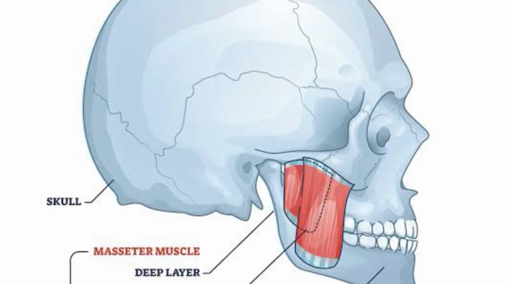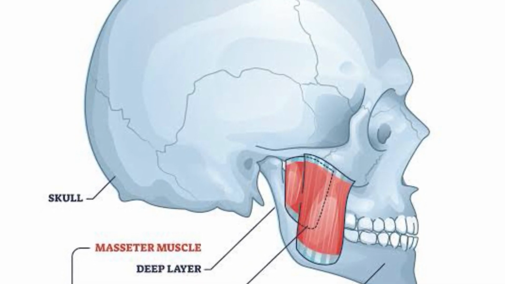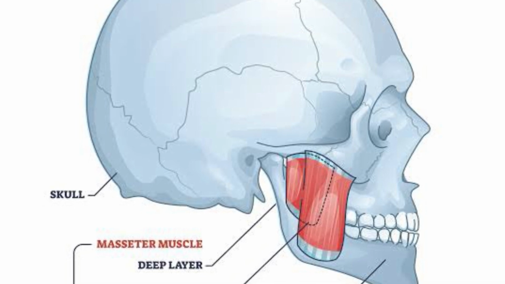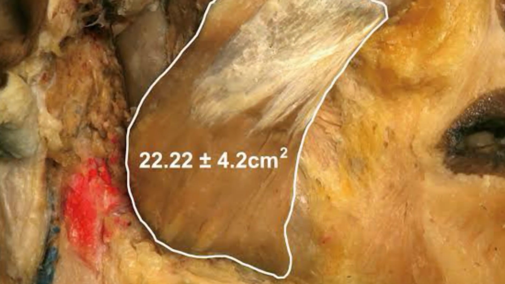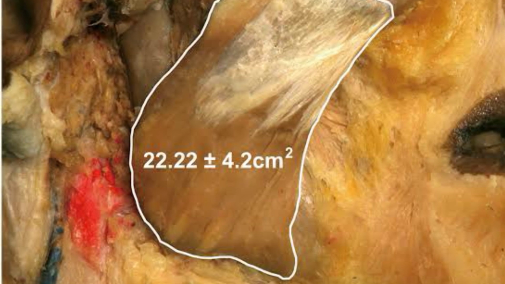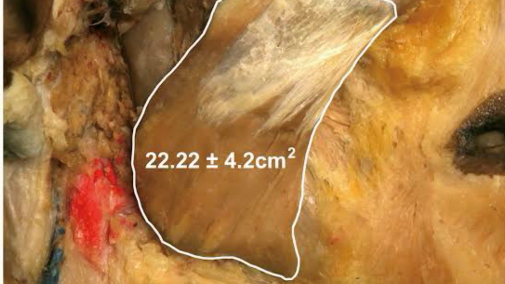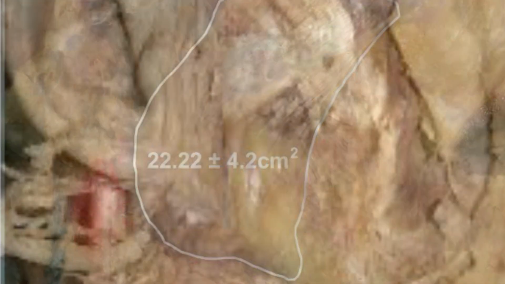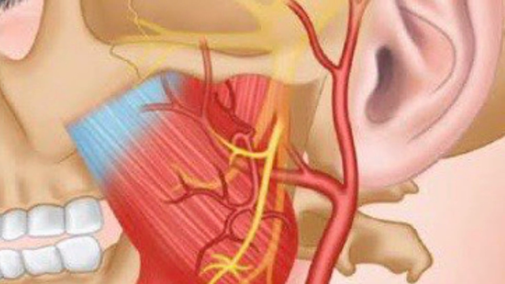Blood supply is mainly from the masseteric branch of the maxillary artery, and its nerve supply comes from the masseteric branch of the trigeminal nerve, which is also used in the facio-masseteric nerve anastomosis.